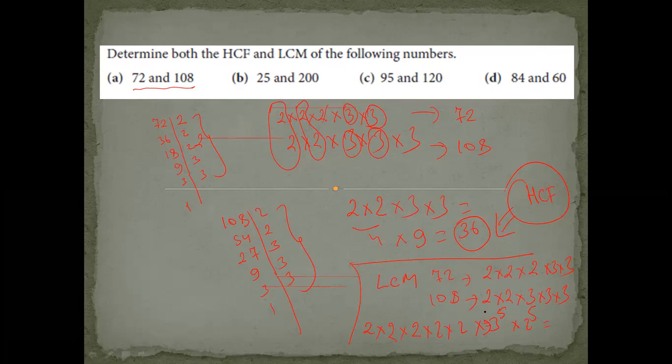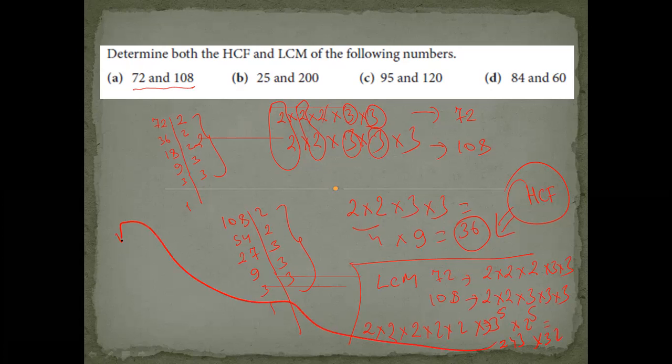Okay, where's my calculator? Let me check it. 3 to the power of 5 is 243, and 2 to the power of 5 is 32. Okay, I'm writing here.